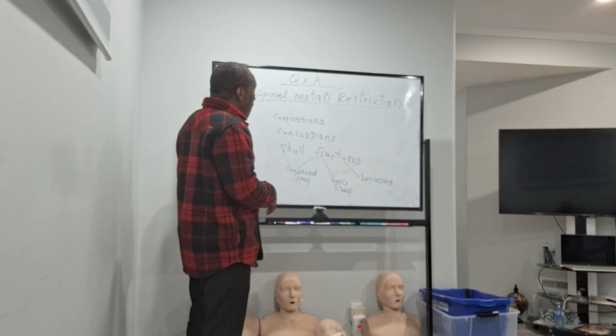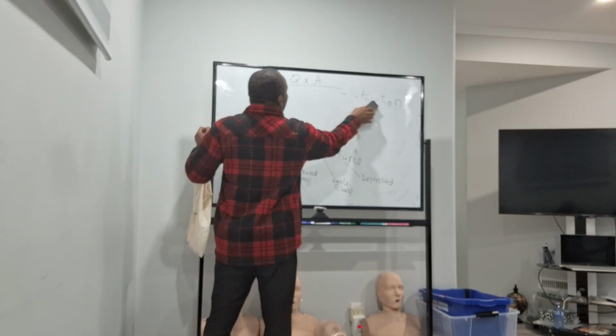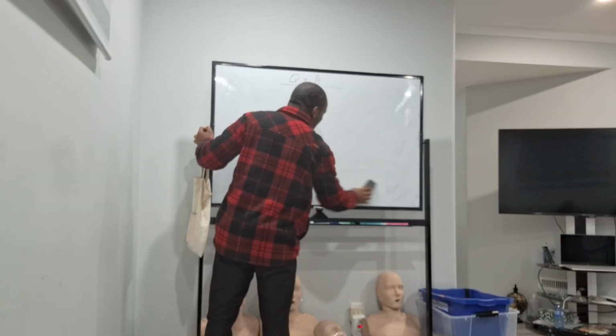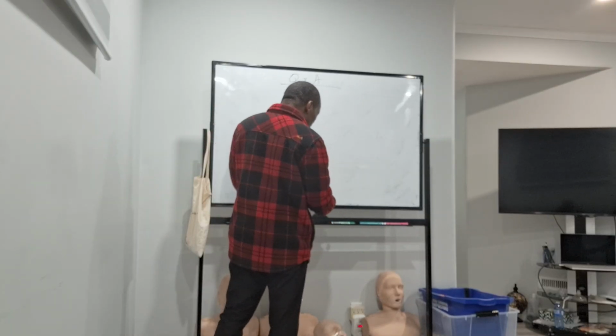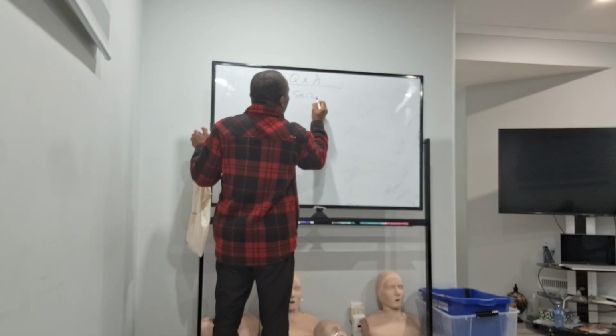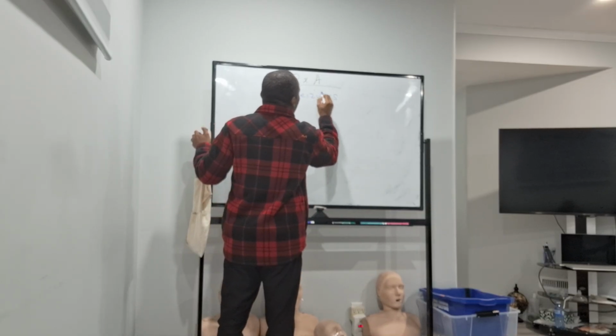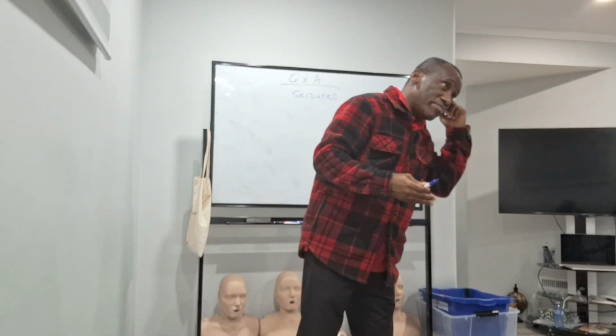Yeah, we have 3 types of seizure. So you want me to talk about seizures now? Seizures is a neurological condition. What is neurological? Origin is brain.